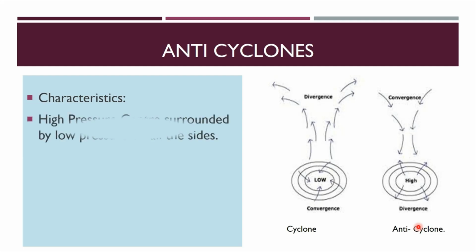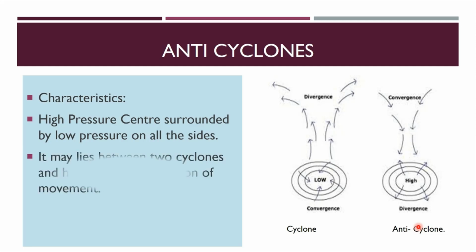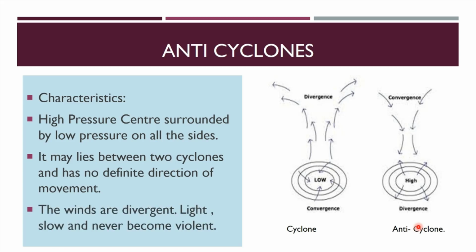Characteristics: a high pressure center surrounded by low pressure on all sides. It may lie between two cyclones and has no definite direction of movement. It can occur in any direction. There is no definite direction. I told you only permanent winds have a definite direction, but anticyclones don't. The winds are divergent, light, slow, and never become violent.